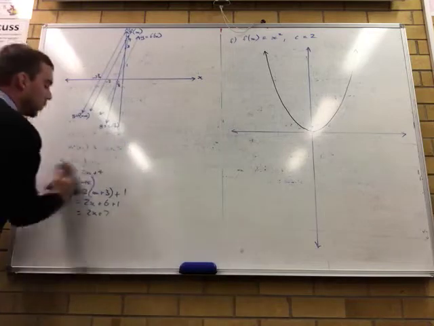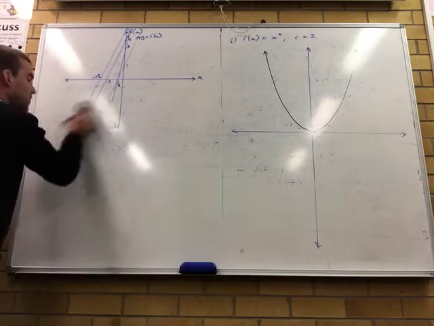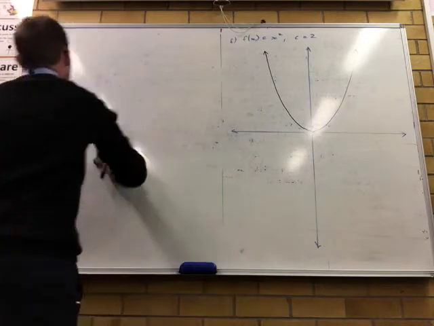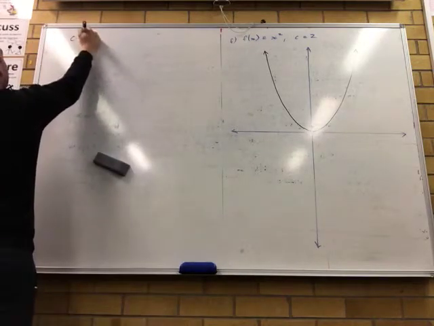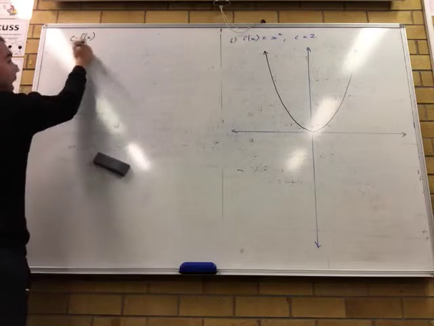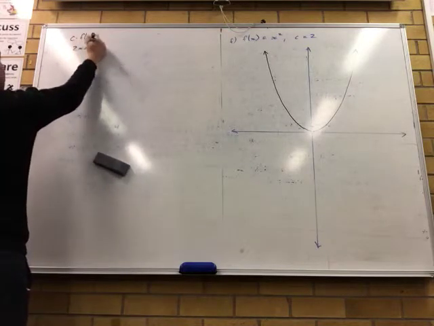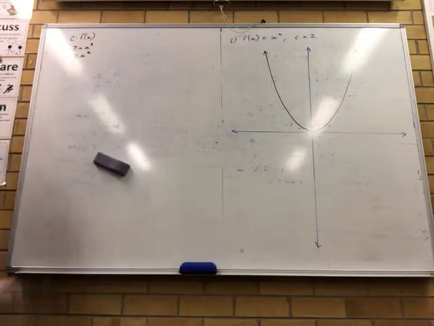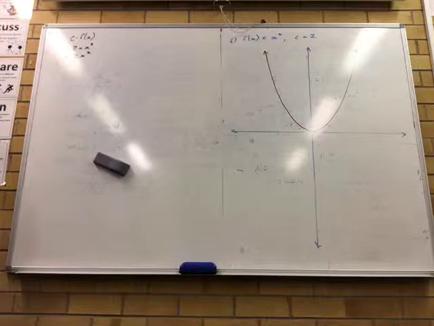So what happens when we have c times this f of x? So, c lots of f of x. We have 2 times x squared, so we have 2x squared. When you're multiplying a function by a constant, the slope or steepness of the graph changes.